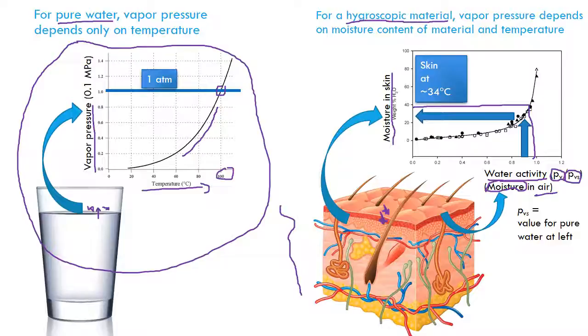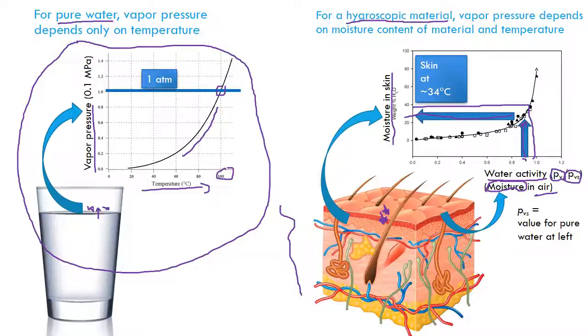Now, because on the surface the amount of vapor in the air and the amount of water in the solid are in equilibrium, we can also go this way. Given a value of water vapor on the surface or the water activity on the surface, we can find what is the moisture content in the solid right at the surface.